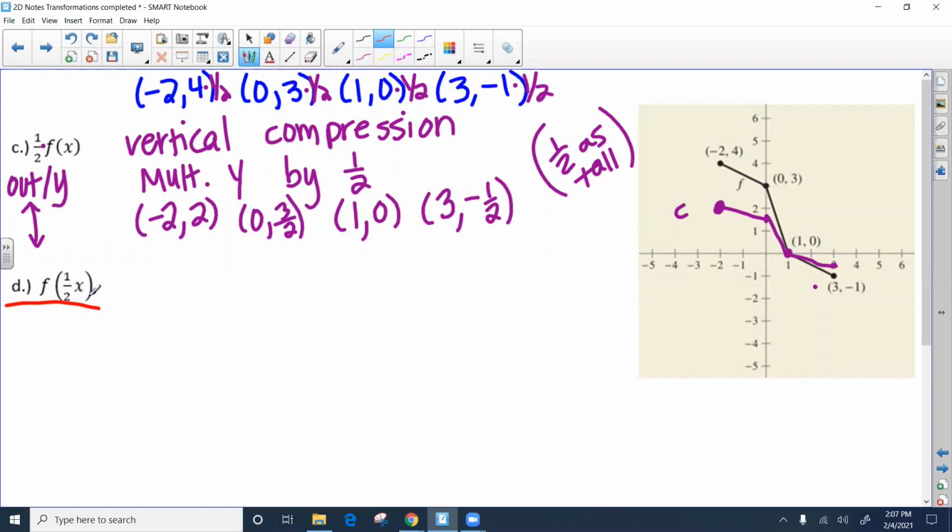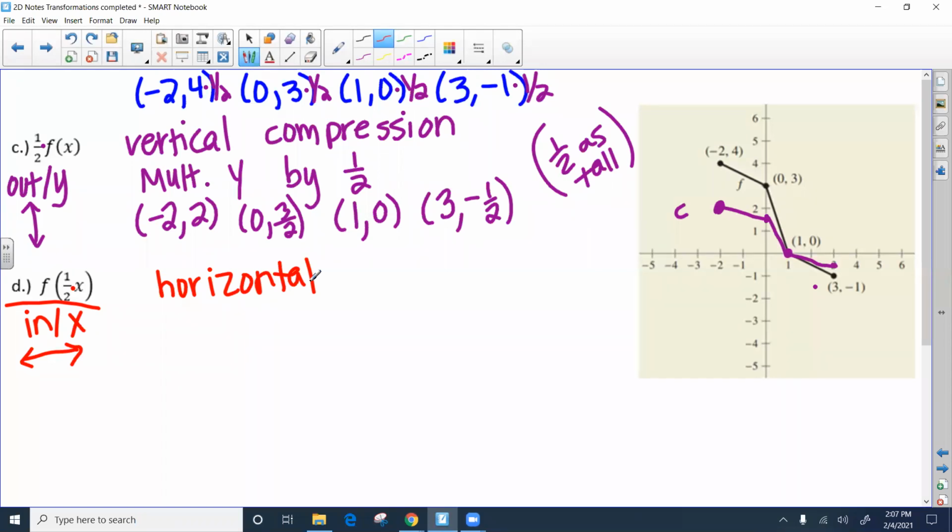D is f of 1/2 x. This time we're still multiplying by a half, but the half is on the inside, so it's affecting the x values. So I know it's going to affect the graph horizontally. So it's going to be horizontal, but I got to figure out whether it's a stretch or compression.